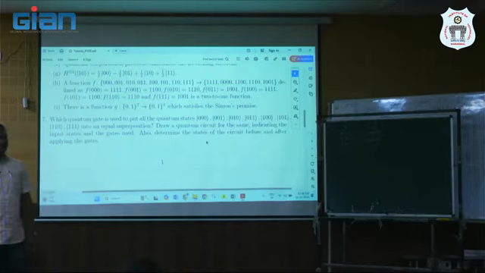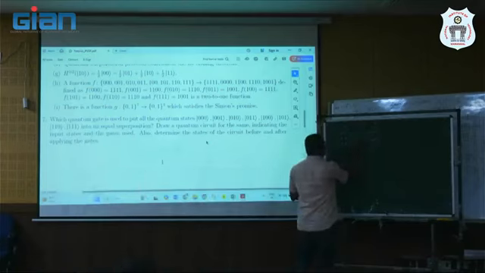X1 belongs to A, X2 belongs to A, f of X1 equals f of X2 for X1 and X2 only. Now, whatever function is given, is it 2 to 1 function or not?